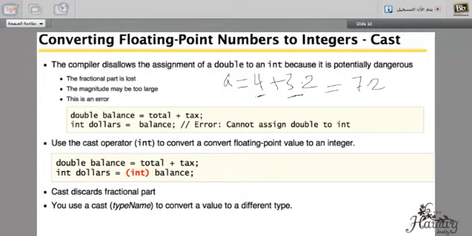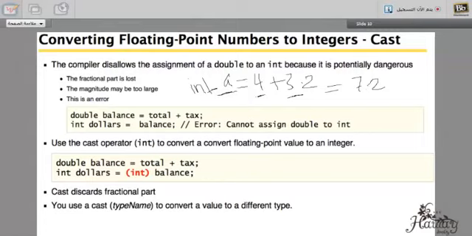Now, what if you actually want the answer to be integer? If you say int a equals 4 plus 3.2, it will be an error. Java will not allow you to do this operation, because it will say, hang on, a has to be a double, because one of the operands is a double. Now, what if you actually want a to be an integer? You have to do something called conversion.